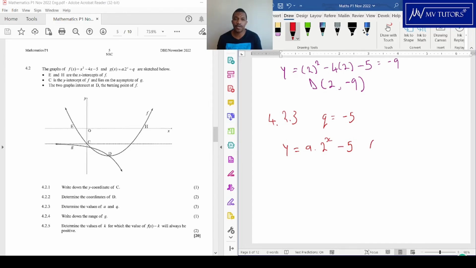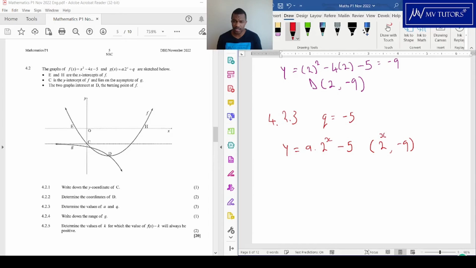That point will be the turning point that we just solved, which is (2, -9). We know it passes there because we were told the two graphs intersect at D, the turning point of f. So the exponential graph also passes there.